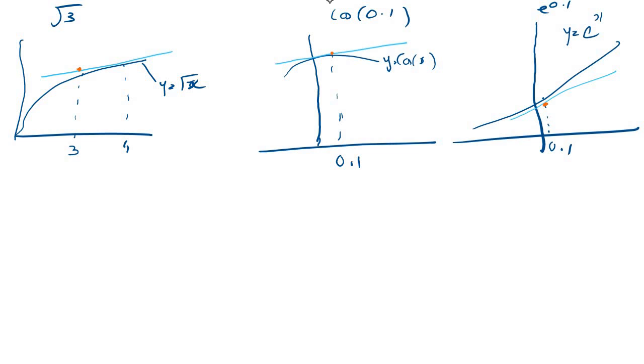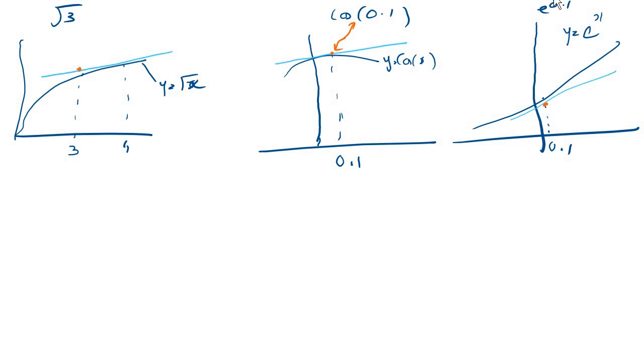And instead of getting the value cos 0.1, we substituted the value 0.1 for x into the tangent line and got this value to approximate cos 0.1, the value that I show in orange. So this value was used to approximate cos 0.1.